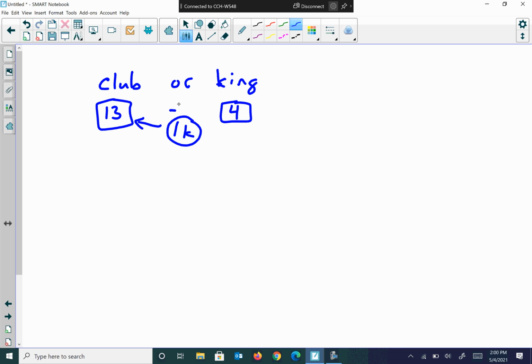So subtract that. So I have 13 out of 52 plus 4 out of 52 minus 1 out of 52, because the king of clubs is 1 card. So 13 plus 4 is 17. 17 minus 1 is 16. So I get 16 out of 52, which reduces to, let's see, 4 going into that, 4 going into that, 1, 13.